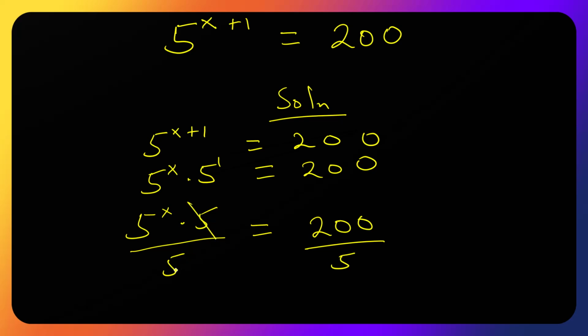Now this one will go, and I will leave 5 to the power x equals 200 divided by 5, which is 40. Alright, so we have 5 to the power x equals 40.